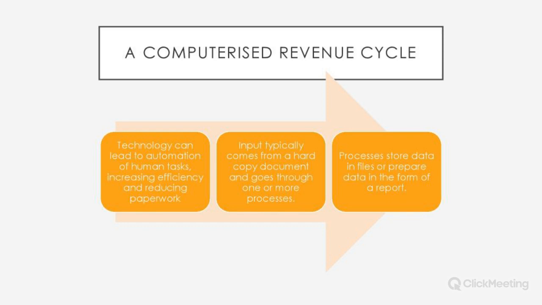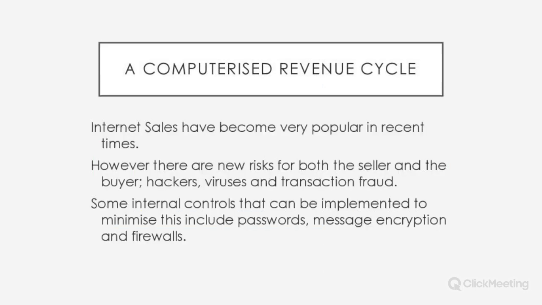For example, if a customer order or a sales invoice is raised, it would be in hard copy. And then that is processed within the computerized system, and we store data in files and prepare data in the form of a report. The types of reports that a business can generate are many, and I'll show you which reports are very common in the revenue cycle of a business.